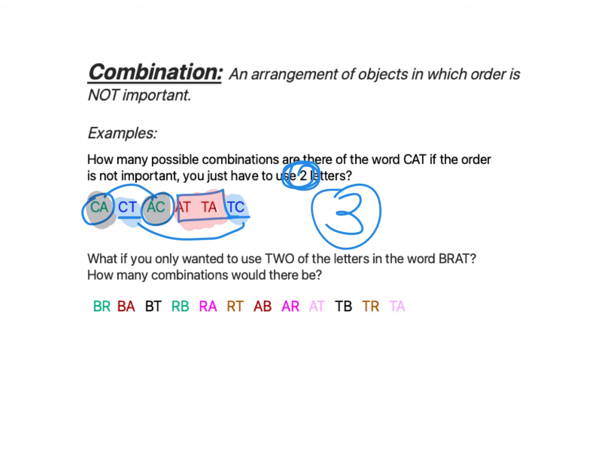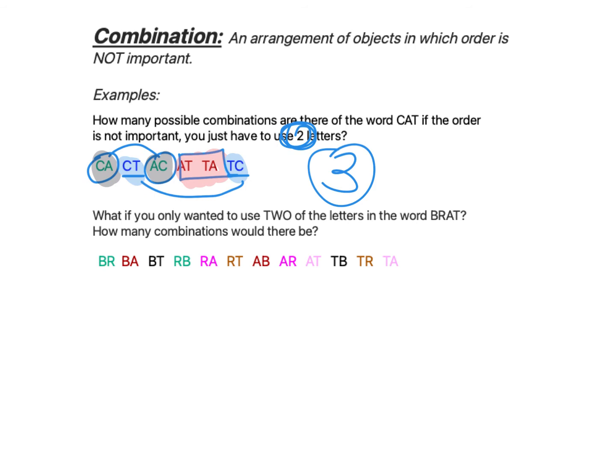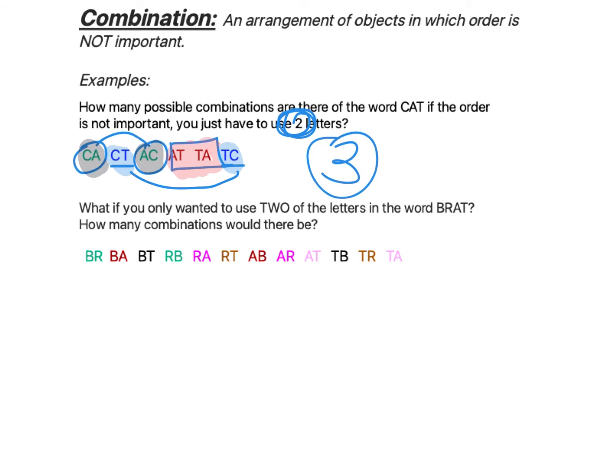Okay. Slightly longer word, brat or brat, depending on if you're eating dinner or if you're talking about a naughty kid. What if you only want to use 2 letters of the word brat? Okay.